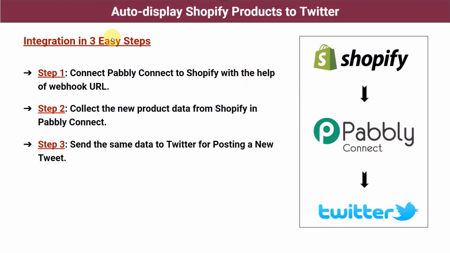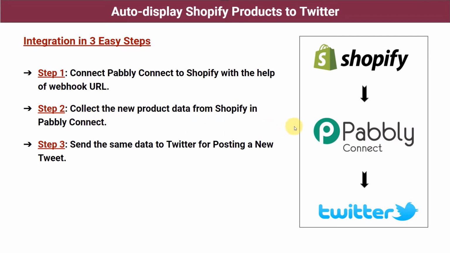So guys, these are the 3 easy steps by which you can also make this integration or connection between Shopify and Twitter account. So step 1 is connect Pabbly Connect to Shopify with the help of webhook URL. So first of all, we are going to open Pabbly Connect and connect our Shopify store with Pabbly Connect. All right. And step 2 is collect the new product data from Shopify in Pabbly Connect.